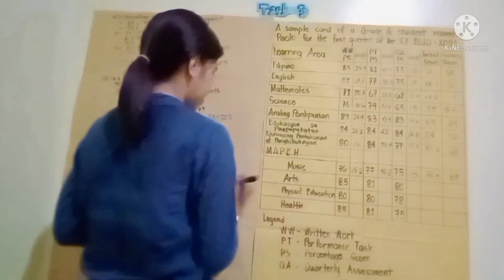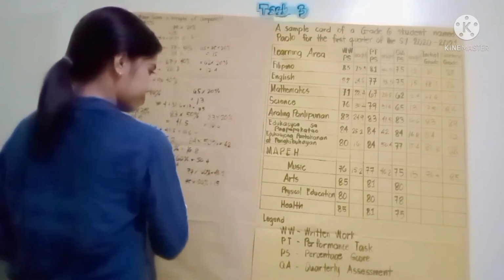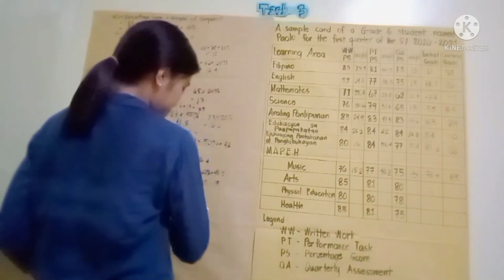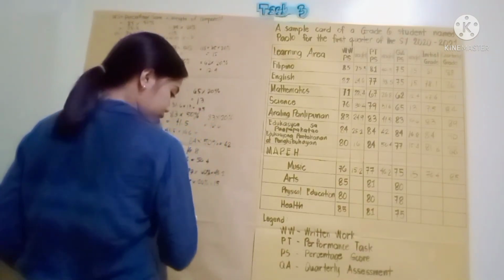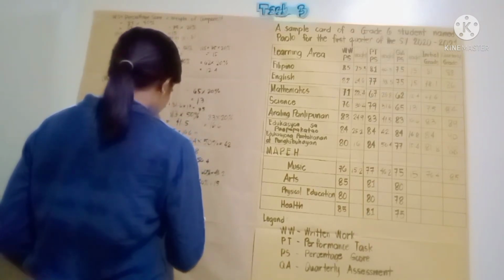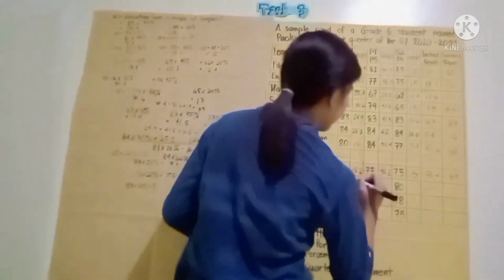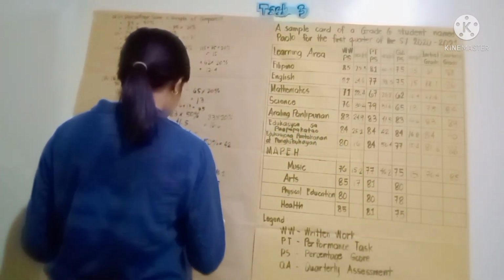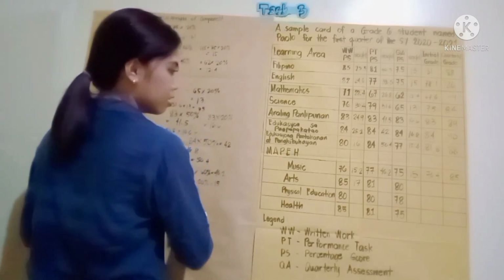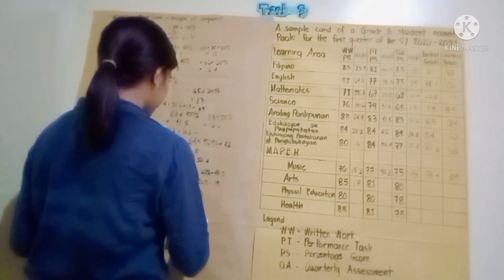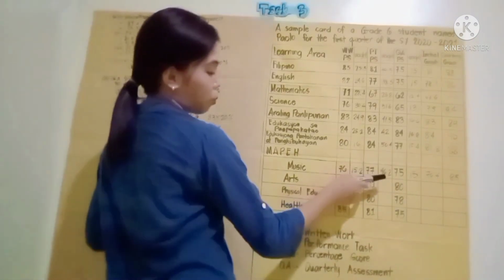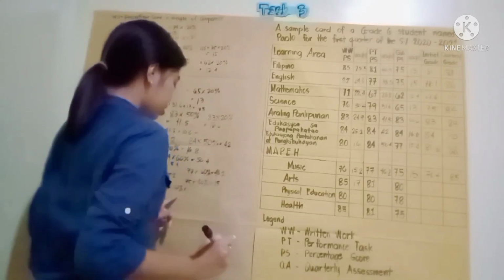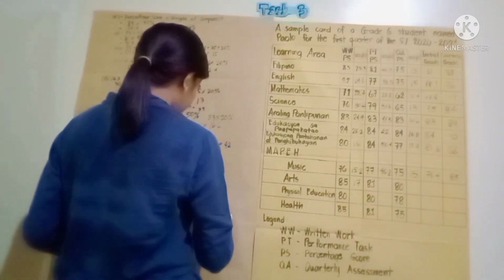Next is in arts. 85 multiplied by 20% is equal to 17. 81 multiplied by 60%, which is the weight of component for performance task for MAPE, is equal to 48.6.